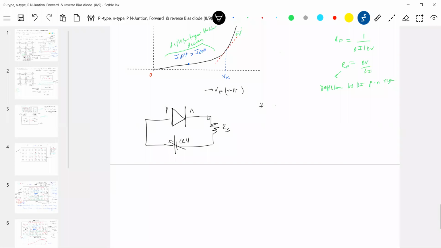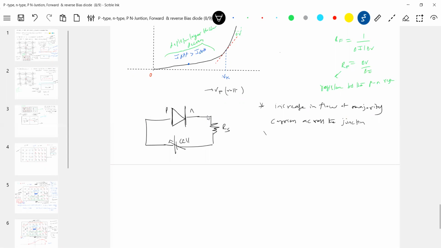Last, final. Increase in flow of majority carriers across the depletion layer or across the junction, better write it.